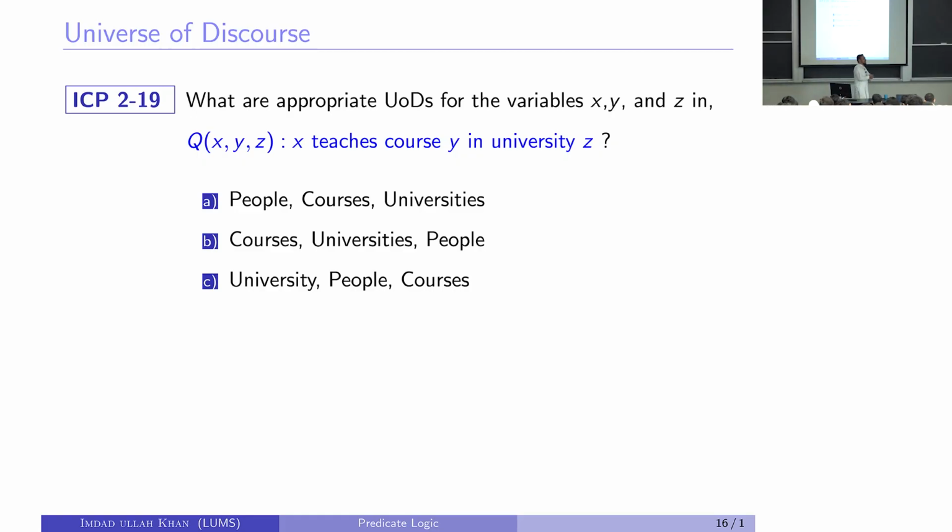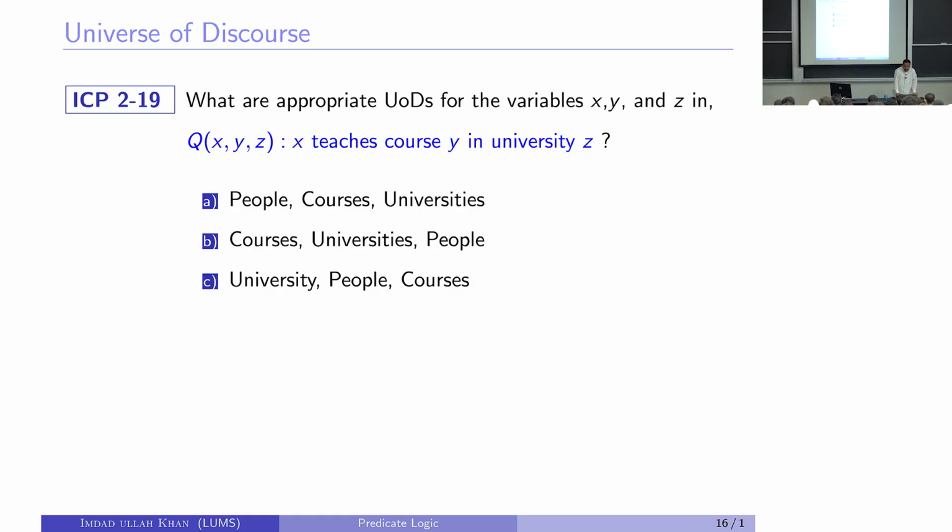Here is a Q of x, y, z, a 3-variable predicate. Not a 3-dimensional function, but a 3-variable, 3-parameter function. Q of x, y, z: x teaches course y in the university z. What is an appropriate universe of discourse for x?